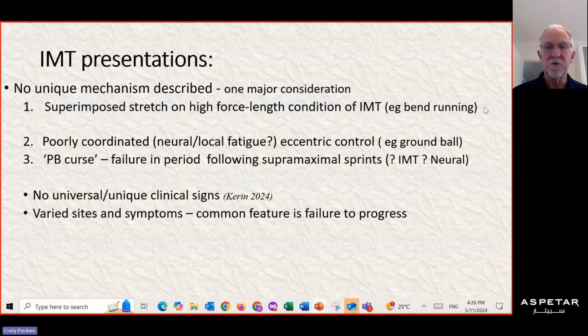The other one is the overstretch or the sudden increase in trunk flexion in any of the football games. So this is the common presentation here. Less common ones are bending down to pick up a ground ball. Now, is this about poor eccentric control rather than necessarily an overload of the intramuscular tendon? Is it due to local fatigue?